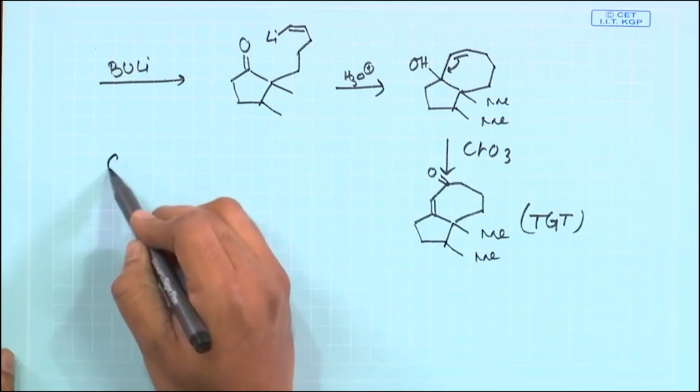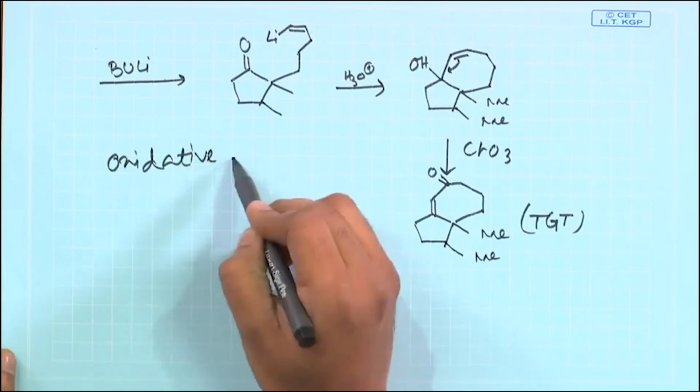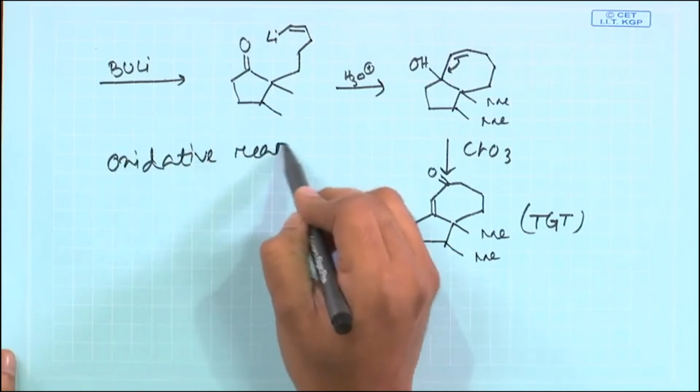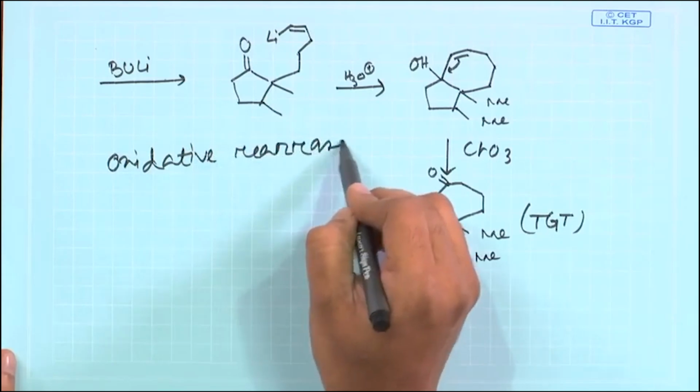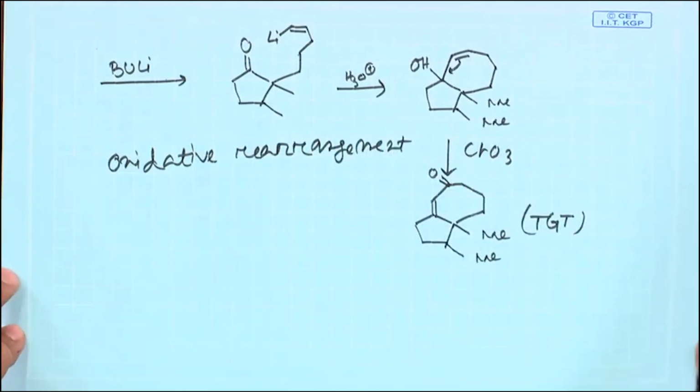So, I call this an oxidative rearrangement, and this is the Babler oxidation which we are discussing. So, Babler oxidation is a potentially very useful reaction, and this reaction can be done with extreme efficiency. So, a couple of new reactions we are basically getting familiar with.